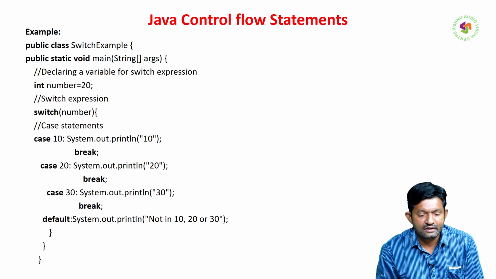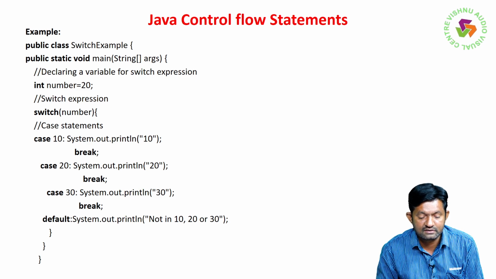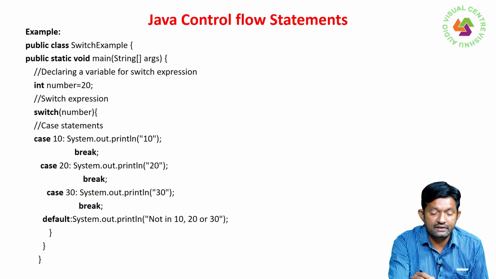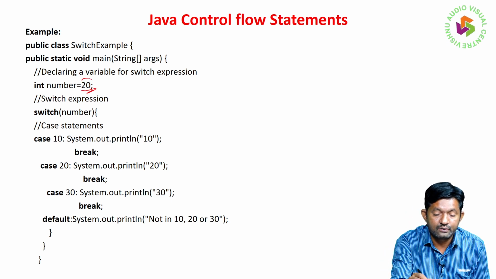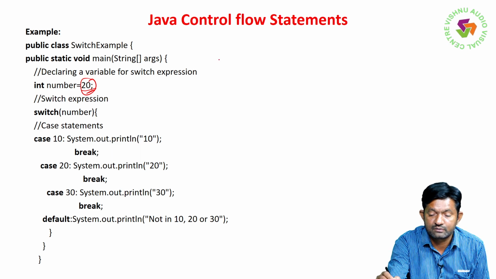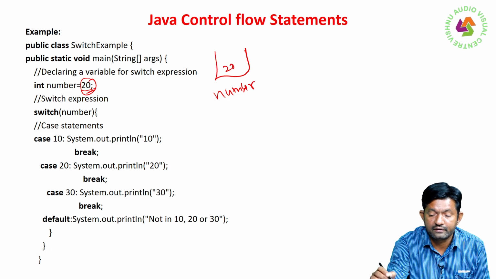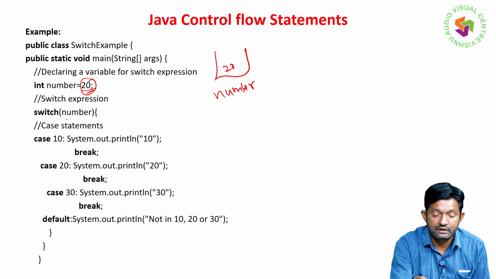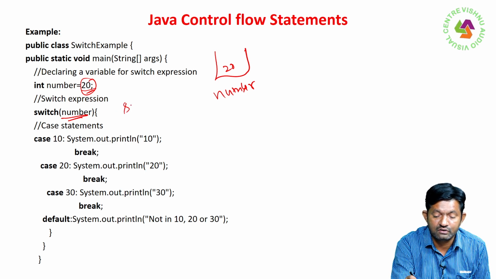Example: int number is equal to 20, switch number, case 10 System.out.println 10, break. Case 20 System.out.println 20, case 30 System.out.println 30, break. Default. Here int number is equal to 20, so the switch case executes with number 20.